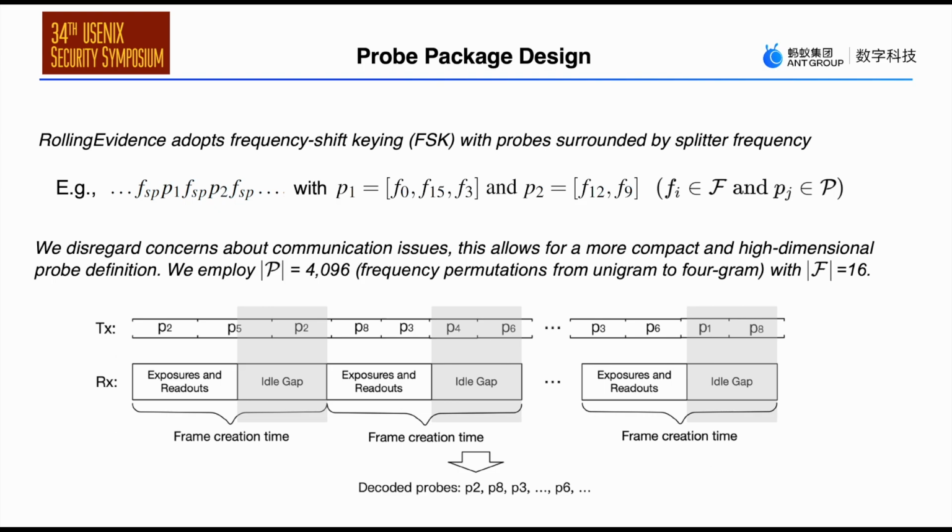We employ frequency shift keying, that is FSK, with 4096 probe permutations, derived from unigram to 4-gram frequency combinations across 13 distinct frequencies. These probes are surrounded by a splitter frequency to enhance detection accuracy, enabling compact yet high-dimensional probe definitions for robust verification.